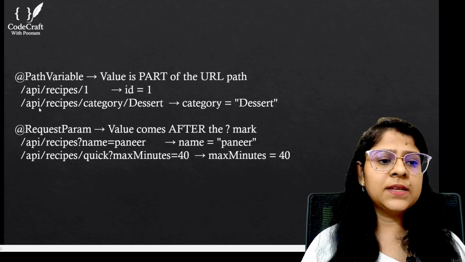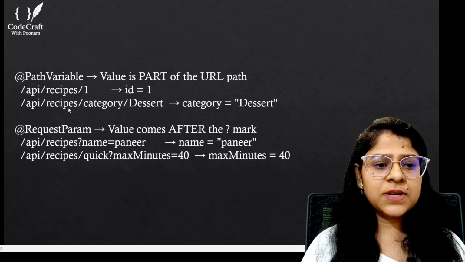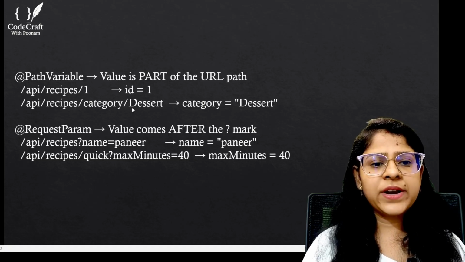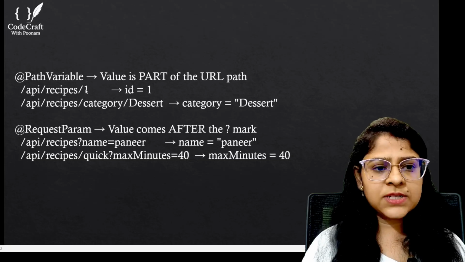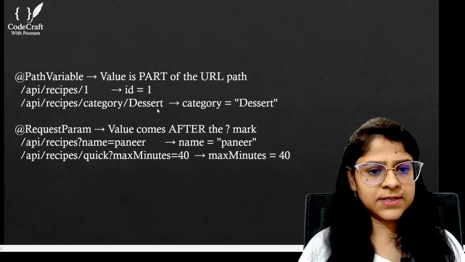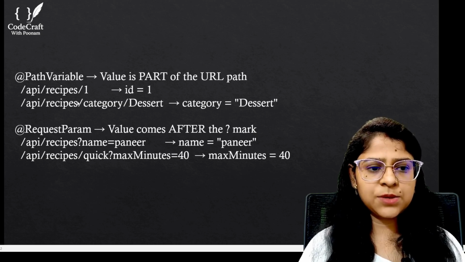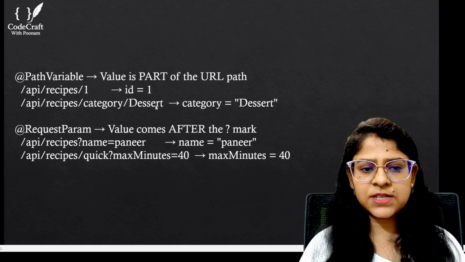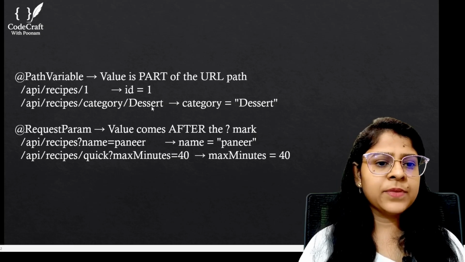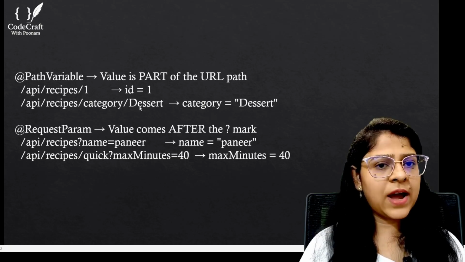Similarly, with slash API slash recipes as our base URL, we are providing the value by giving the category, and in category we are providing dessert, that is slash API slash recipes slash category slash desserts. So here the category is our dessert. Here we are giving the value.